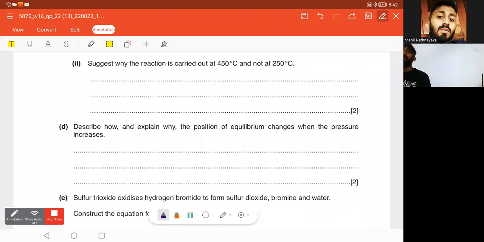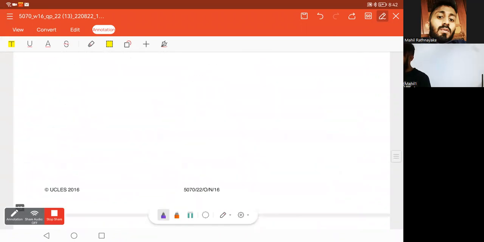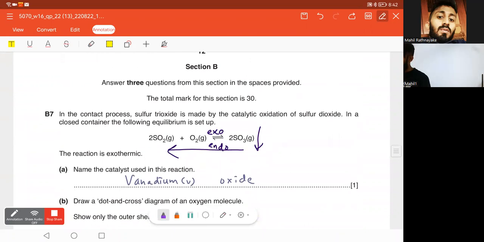Pressure. Number of gas moles. How many gas moles are in the reactant side? 3. Product side 2. They are asking what happens with an increase in pressure. An increase in pressure favors the side with fewer gas molecules, for 1 mark.